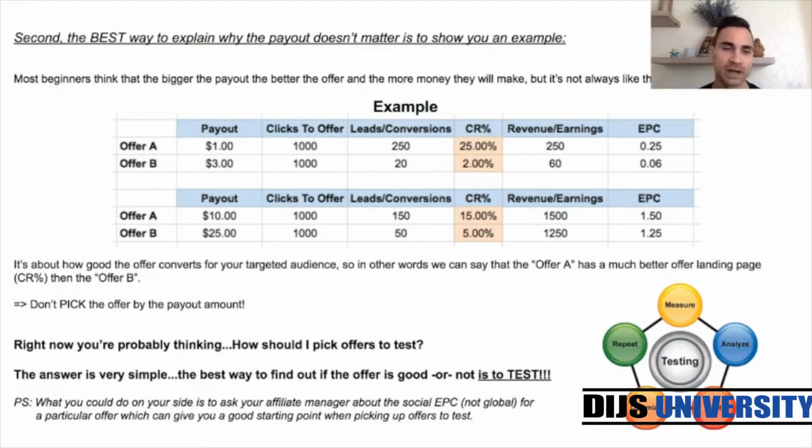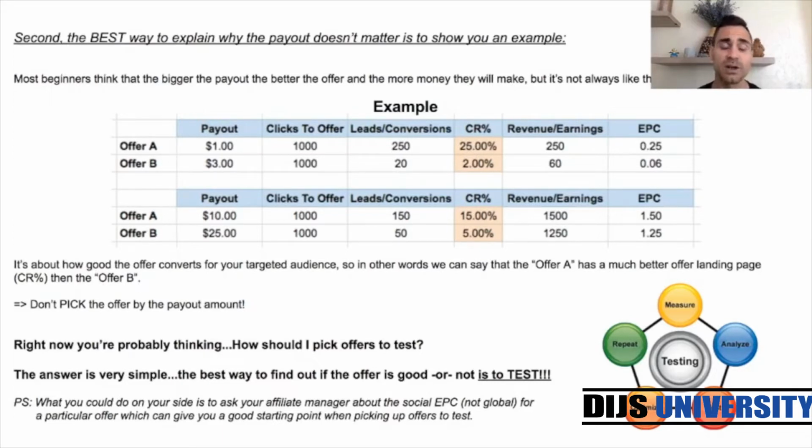So here I have two examples, offer A and offer B with two different payouts. Offer A is a $1 payout, and offer B is a $3 payout. This is what you see when you are searching for offers that you're going to promote.